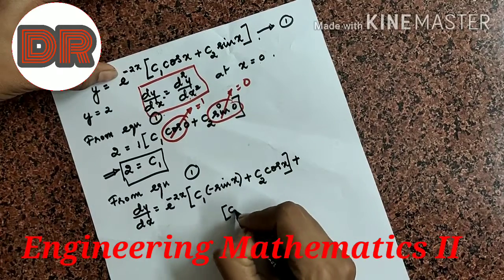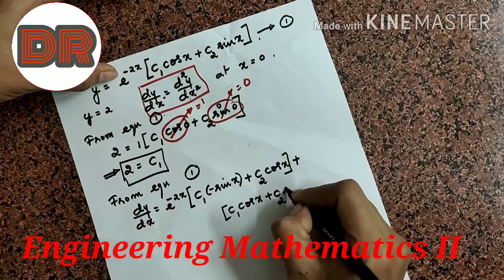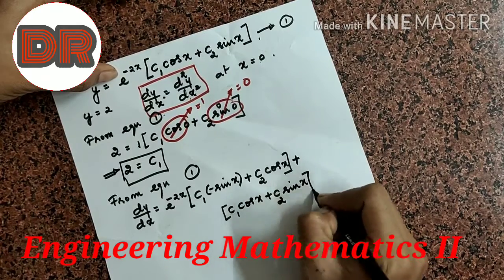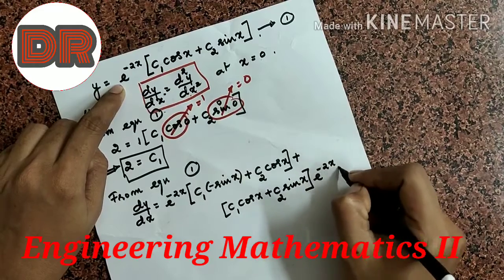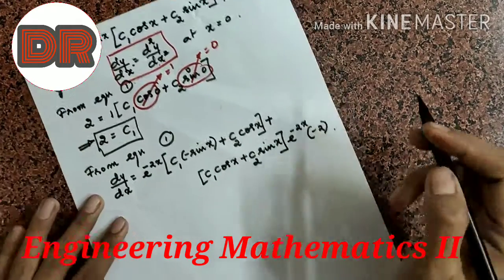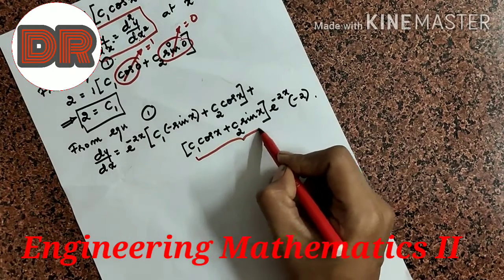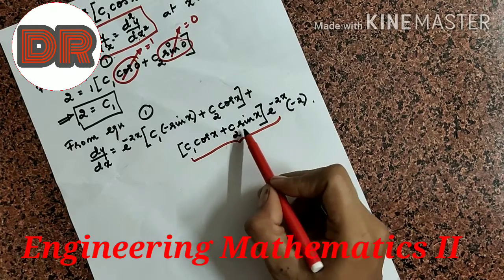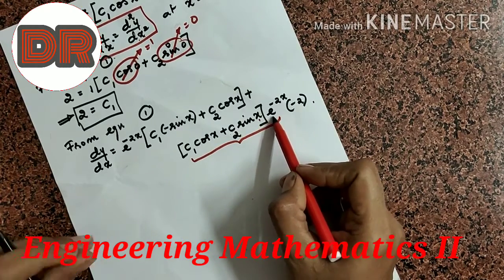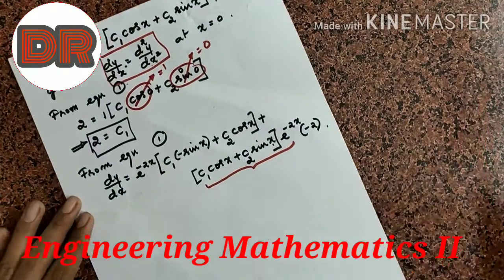So the second term is c1 cos x plus c2 sin x, into the differentiation of the first term, that is e to the power minus 2x into minus 2. If you see here now, this term, c1 cos x plus c2 sin x into e to the power minus 2x, is nothing but y. So let me replace that with y.